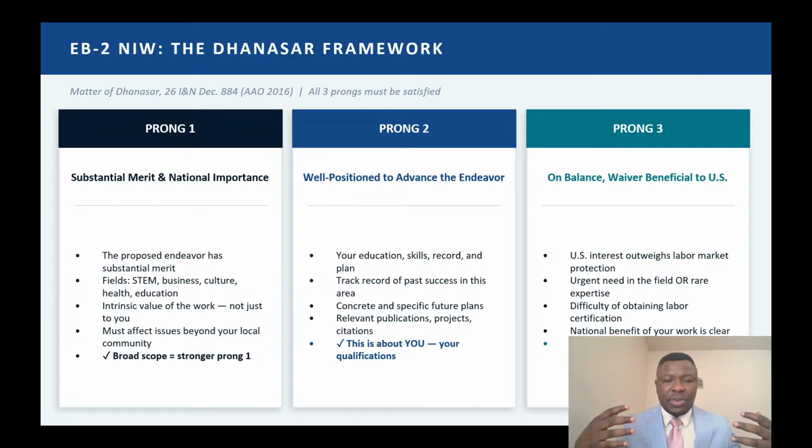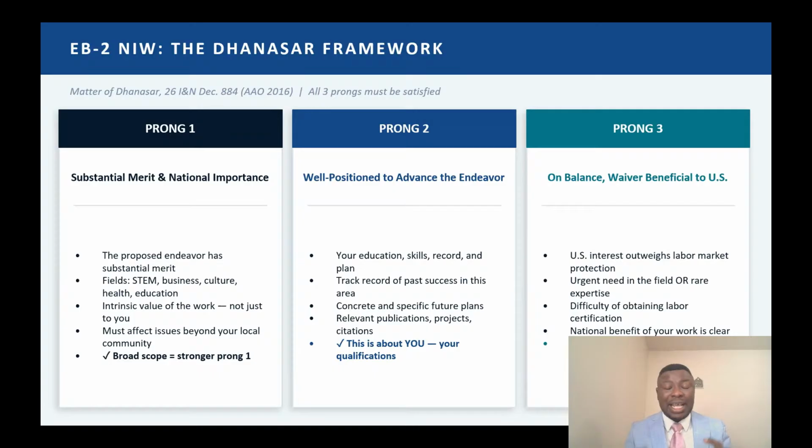So do you have the necessary education, the skills, the record, and the plan to carry out this work? In this second prong, you want to show the adjudicating officer that you are well positioned to advance the proposed endeavor that you put forth in the first part.